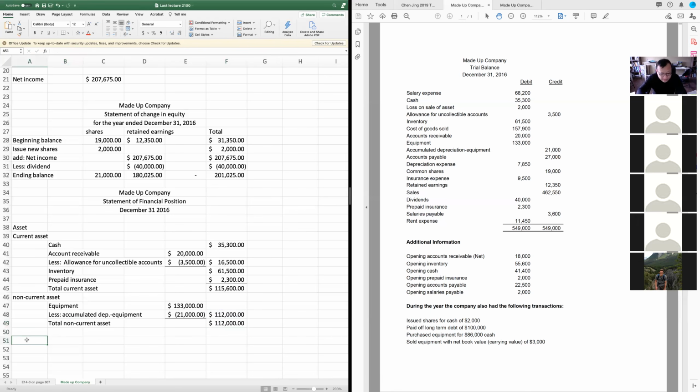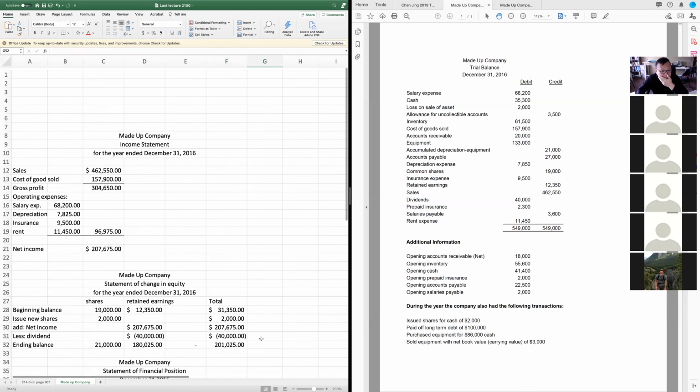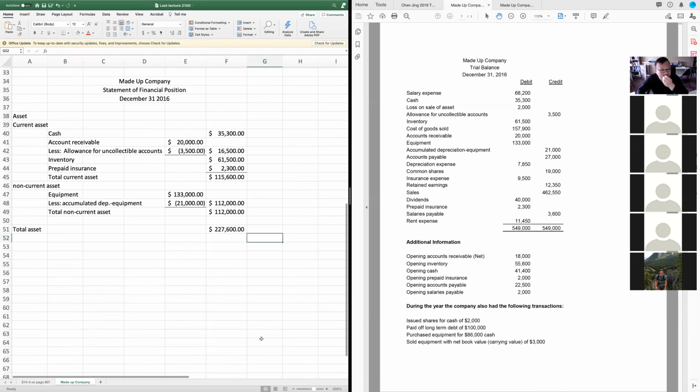Now my total asset will be current plus non-current. So that's my asset. Here, I'm going to do my liabilities and equity.